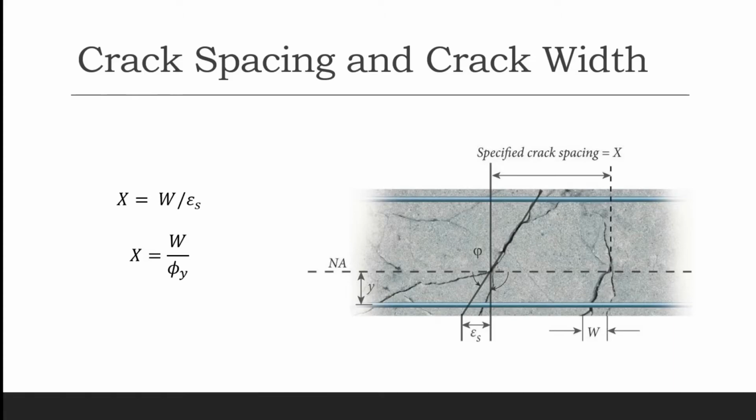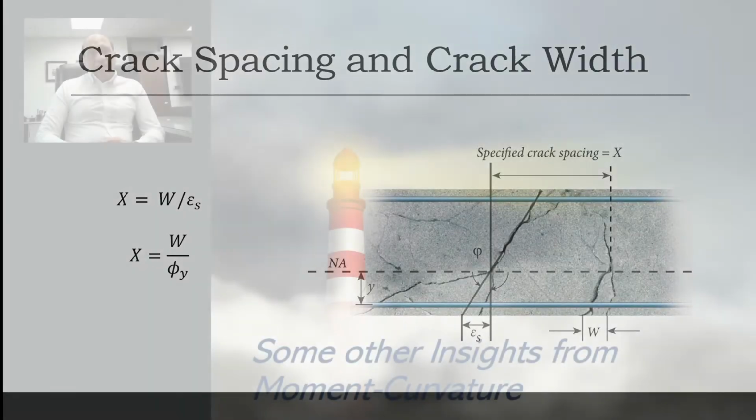So these two again are very good parameters, although this is not exactly how the beam or column may crack, but it will give us an estimate of roughly what the crack spacing or crack width could be at that moment level, including the effects of axial load, because moment curvature can be generated with or without axial load. So this can also be used for columns and other such members.